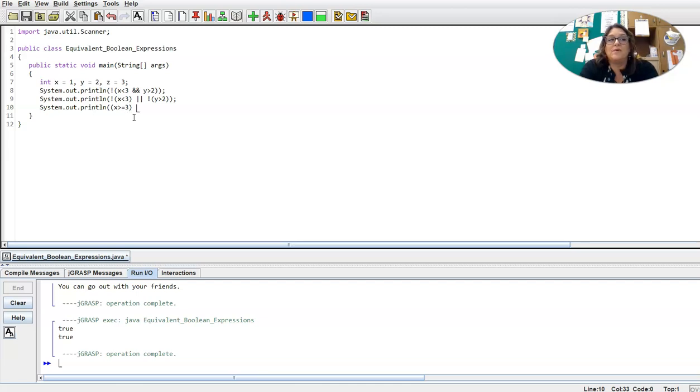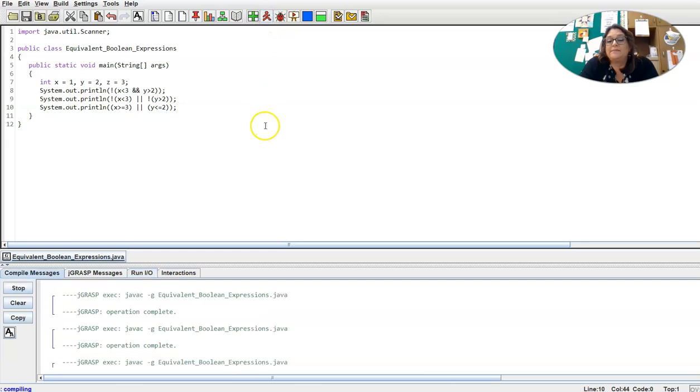Okay, then we could keep our or the same, and then not y greater than 2, right? That would be the y's that are less than or equal to 2. So let's go ahead and evaluate.